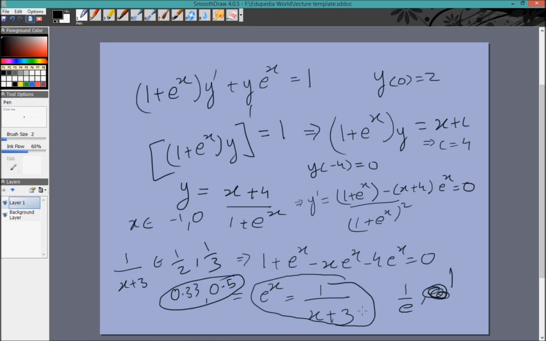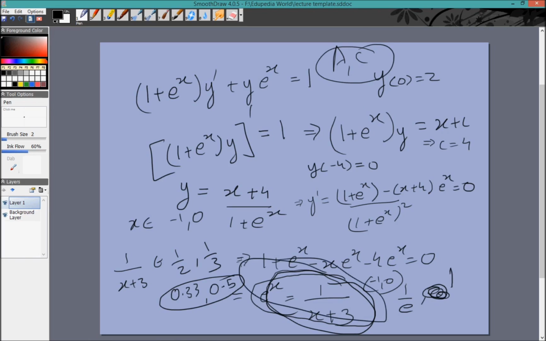So in that case we know that this equation has at least one solution in the interval of minus 1 to 0. That means the function y of x has a critical point within minus 1 to 0. So the answer to this question will be A and B. Will be A and C, sorry. Y of minus 4 is 0 and there should be a critical point based on this particular equation. Right.